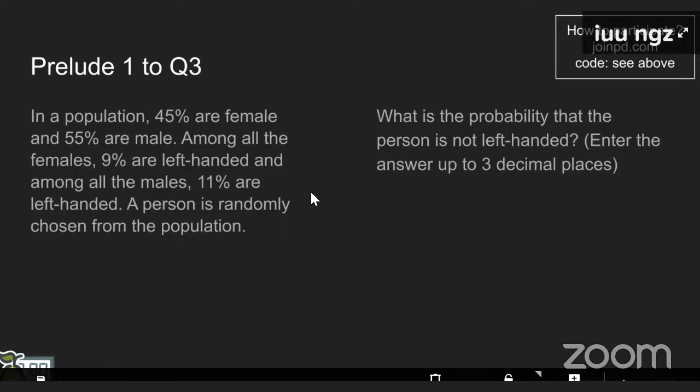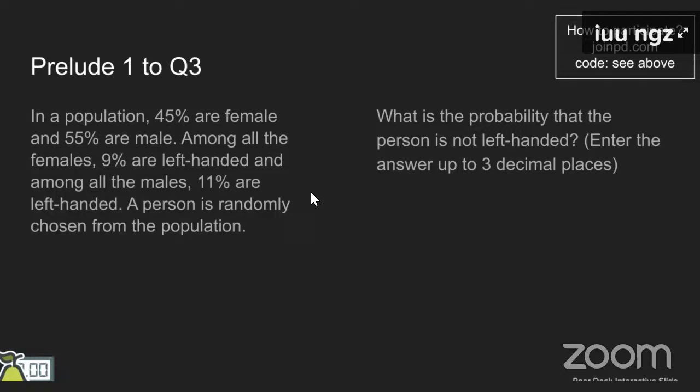Okay, so what this question says is that in the population, 45% are female and 55% are male. Among all the females, 9% are left-handed. So from all the females in the population, 9% are left-handed.